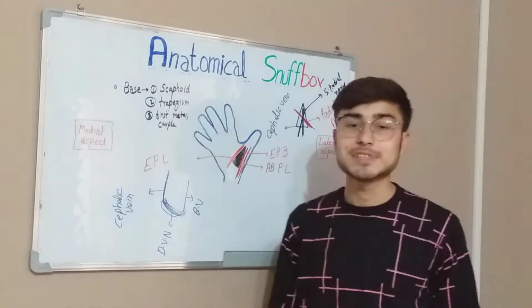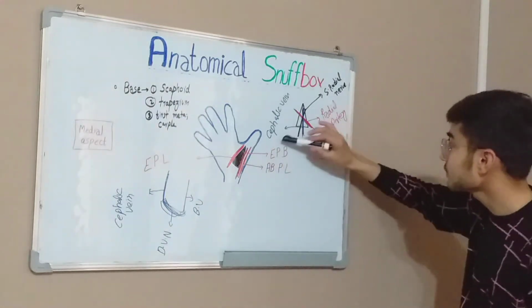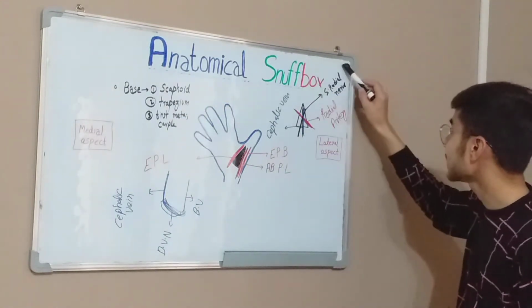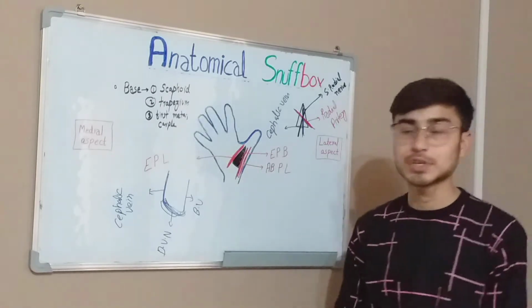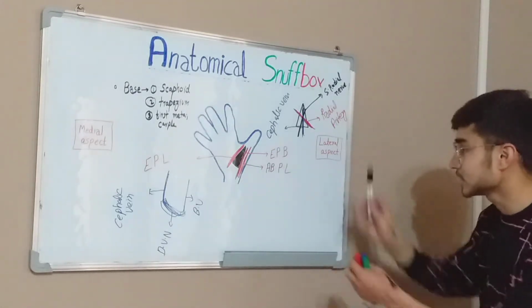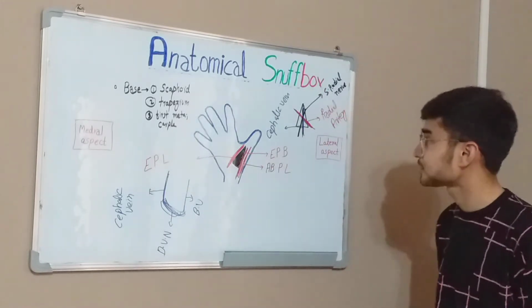So far I have discussed the three contents of the anatomical snuff box. One, we have the cephalic vein. The other one is the superficial branch of the radial nerve. And the third one, we have the radial artery, right? So these are all the contents of the anatomical snuff box.